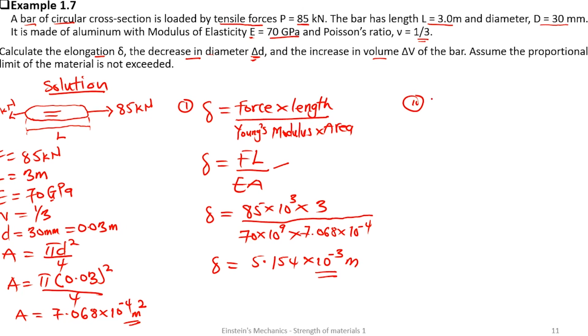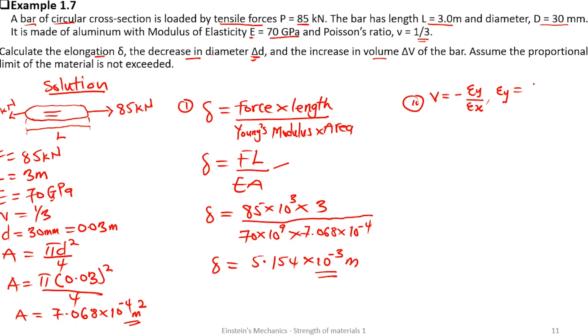From Poisson's ratio, we say V is equal to negative the lateral strain over the axial strain. It is in episode 2, you can check it out. Poisson's ratio V is equal to negative the lateral strain over the axial strain.